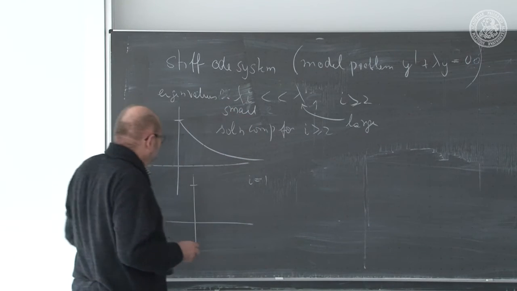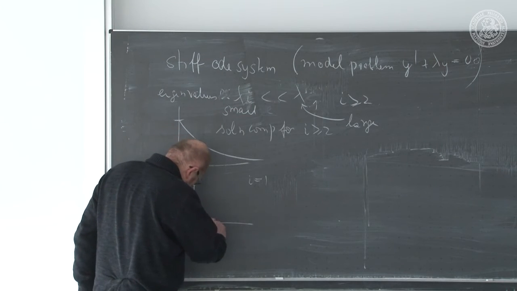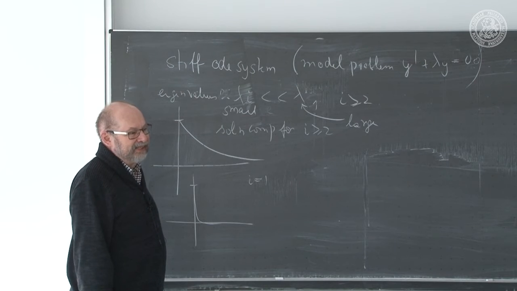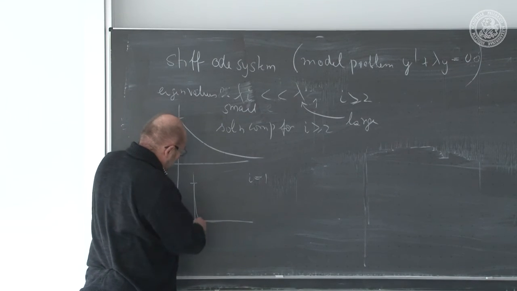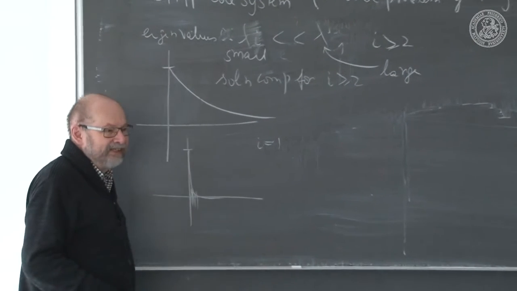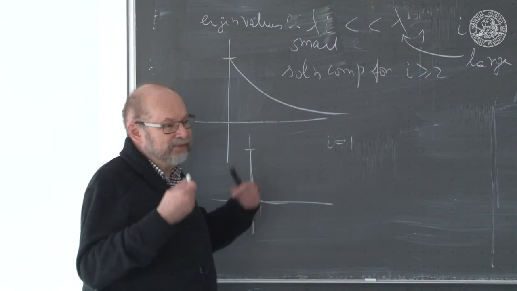Yeah, but extremely damped. It will basically jump down to 0 more or less immediately. That means there is one component where you have to resolve very, very small here. This is the stability. And here you don't have that. And that is what a stiff system causes as problems.